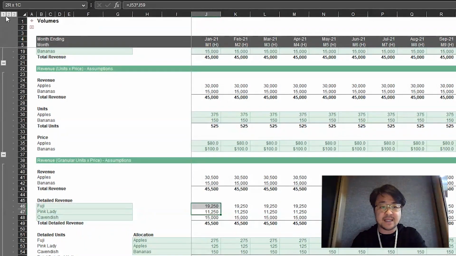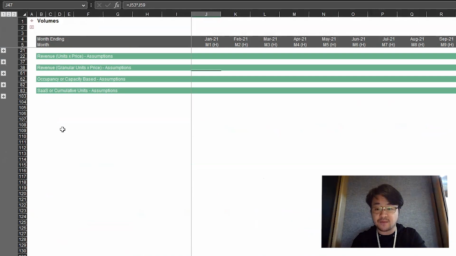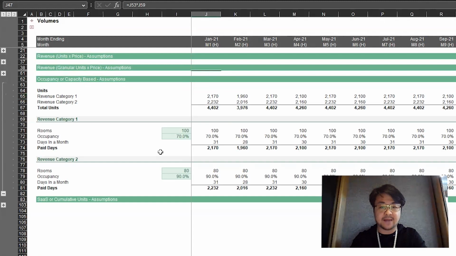Now, if we take a step sideways and look at alternative ways to look at revenue, to volumes. For example, if we look at occupancy, occupancy might be something like beds. That's why here I've classified the total as units. So for example, in here we could say a hotel has 100 rooms.